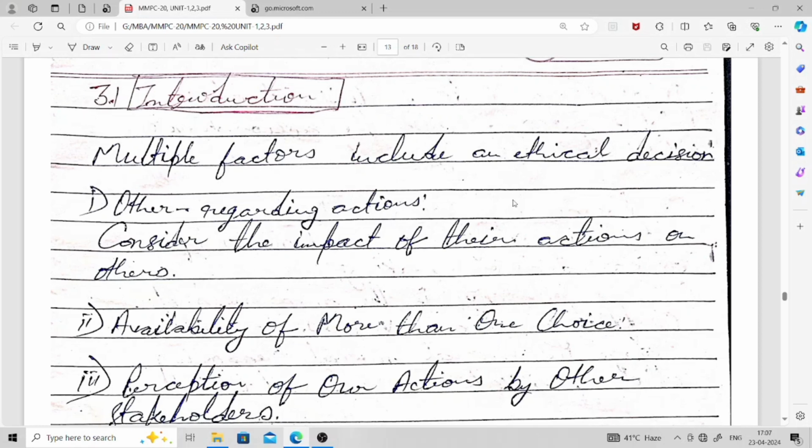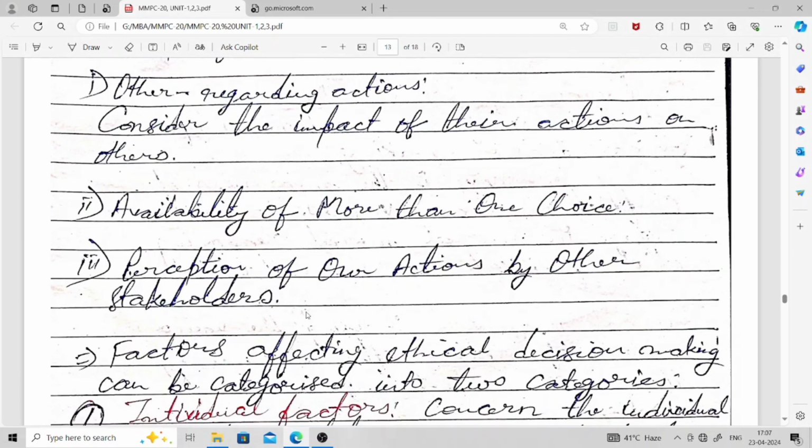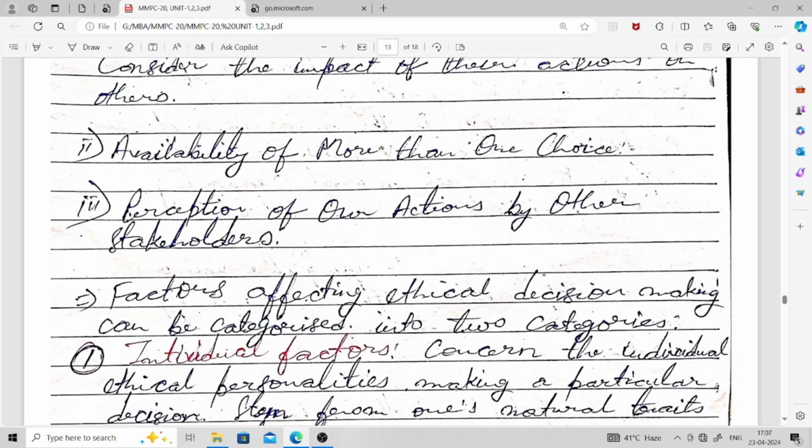The second factor which needs to be considered is the availability of more than one choice. More than one choice means how many choices are available and how you can choose among those many. Then you have perception of your actions by others, meaning how others perceive your actions.